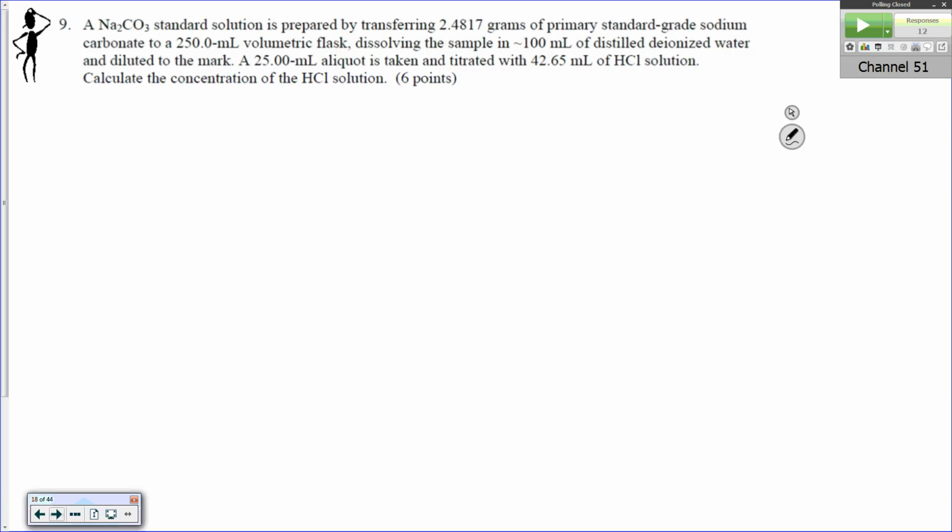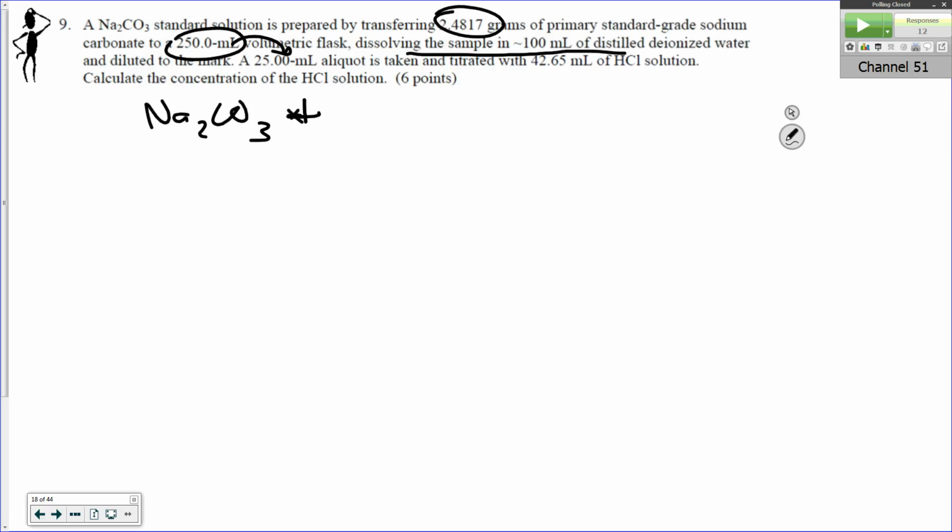Okay, so this step was throwing me. All you're doing first here is dissolving that sample in 100 mL of water so you can stir it up. Then you're diluting it to 250. Then you're taking 25 mL of it and analyzing it. Okay? So the reaction that's going to occur, since we covered this in the lab, I would expect you to know what this is.